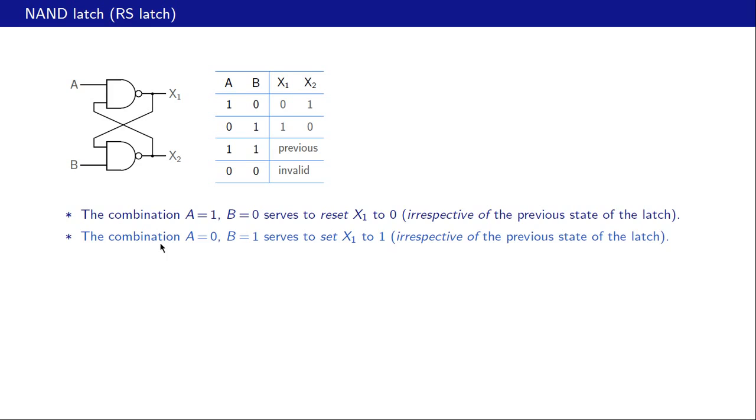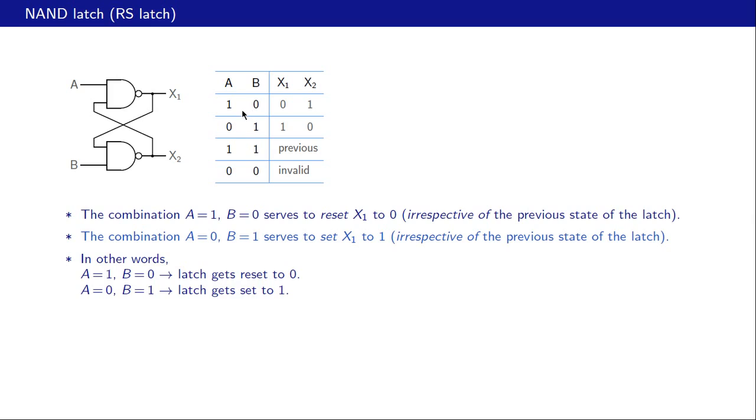Similarly, the combination a equal to 0, b equal to 1, the second one, serves to set x1 to 1. We have x1 equal to 1 here, and that again is irrespective of the previous state of the latch. In other words, with a equal to 1, b equal to 0, the latch gets reset to 0.